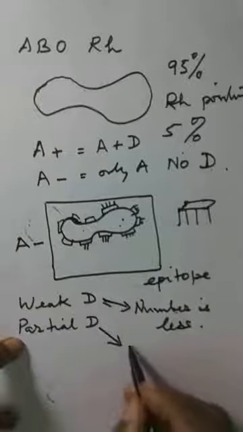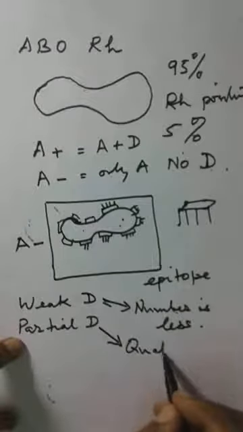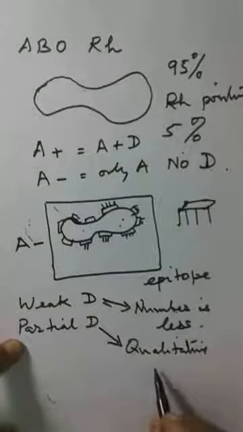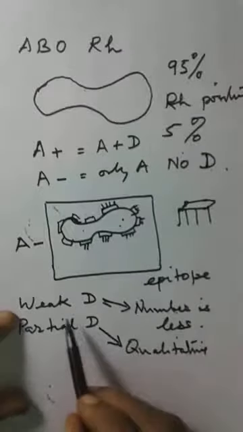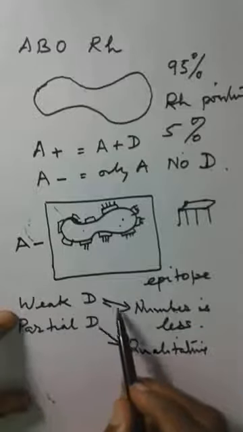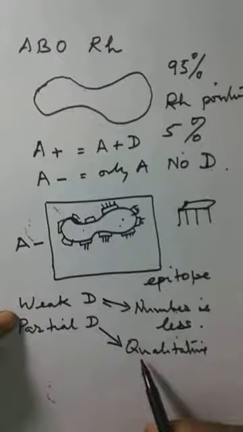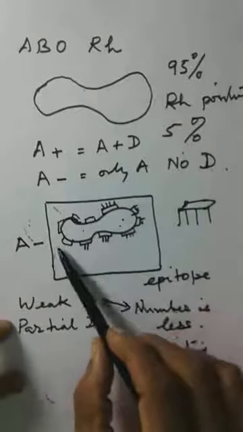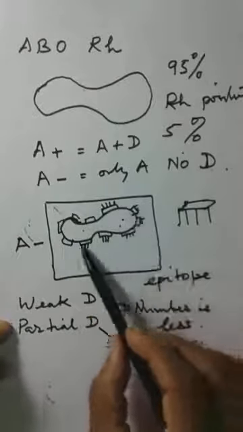So this is qualitative deficiency, whereas weak D is a quantitative deficiency. The number of D antigens are very low.